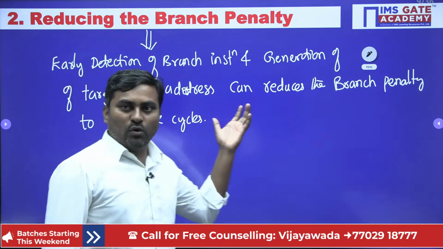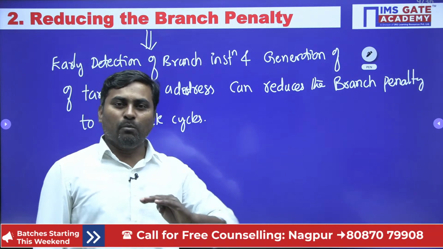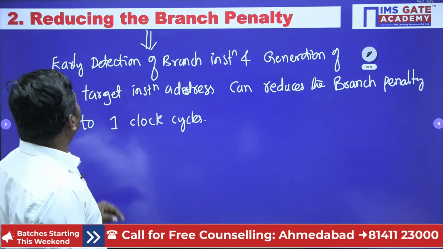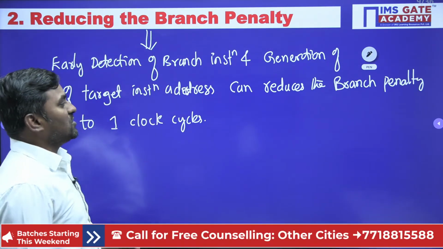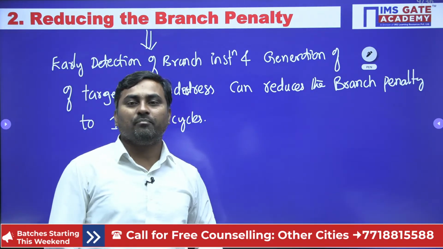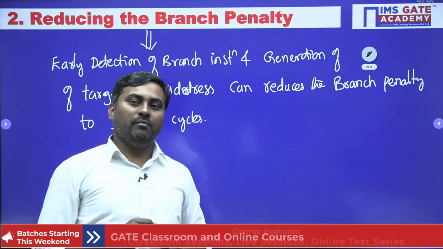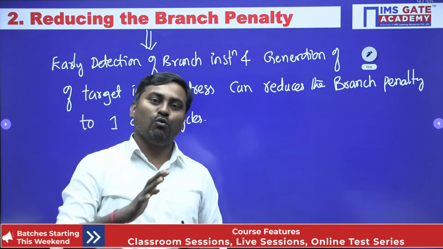In the four-stage instruction pipeline we mentioned earlier, how many stalls happen? 3 stalls happen, or not? This approach says that early detection of the branch instruction and generation of the target address can reduce the branch penalty to 1 clock cycle only. Is it good or not? Suppose a 5-stage pipeline, and the last stage is address generation: how many clocks are wasted? 4 clocks, 5 minus 1.